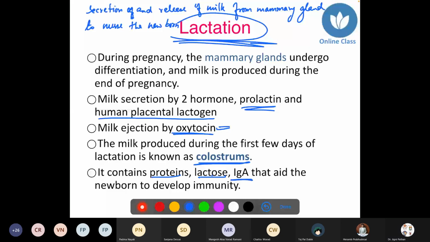Clear? Any doubts? See, it's a very easy chapter. I know it's lengthy, but if you sit and read properly, you will understand it easily. If you have doubts, you can get back to me anytime.